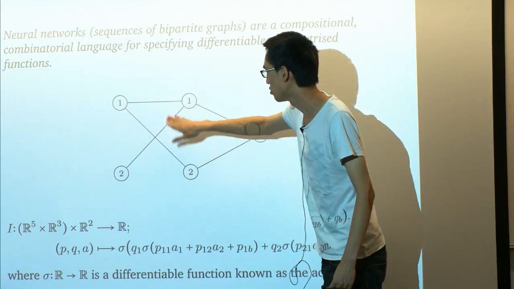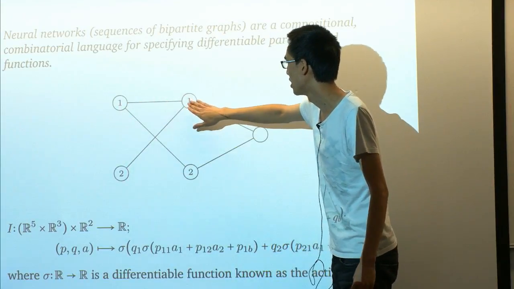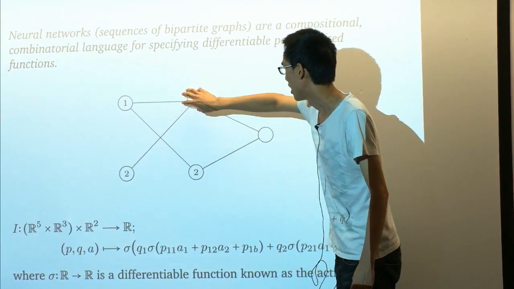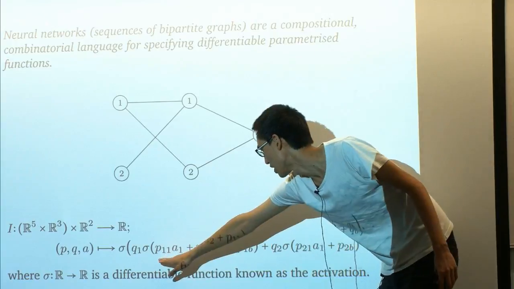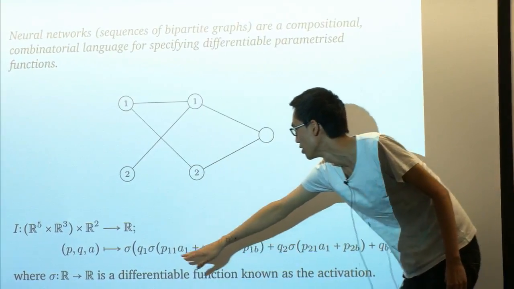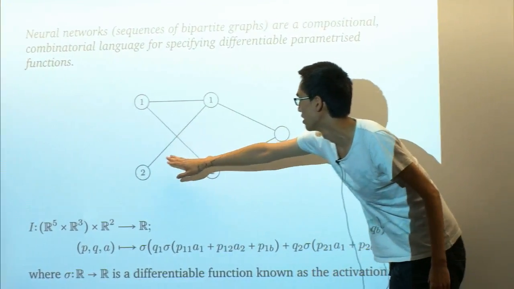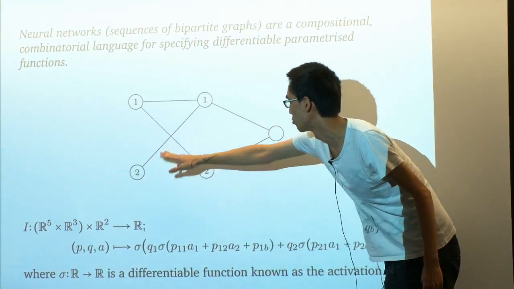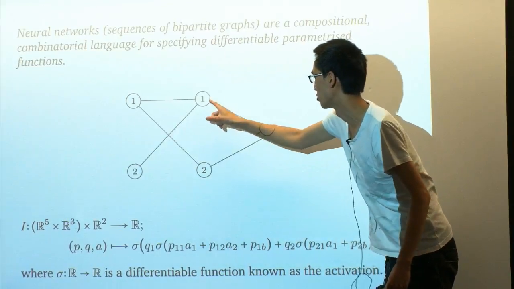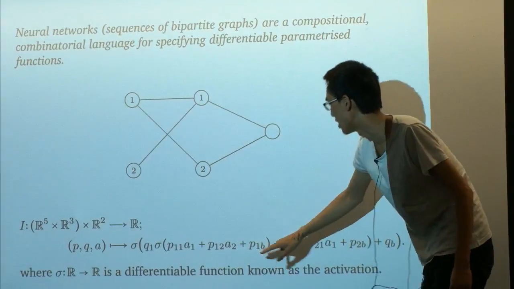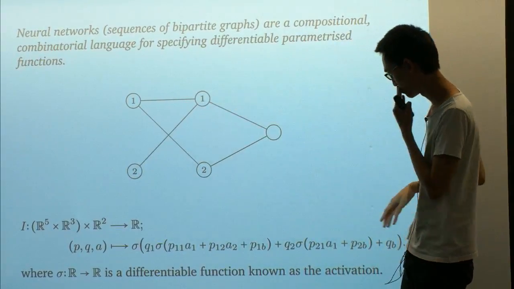We take a weighted sum according to these weights of these inputs, then add the bias associated to this node, and then we get some weighted sum here. This is precisely this thing here. So P11 is the value associated with this edge from 1 to 1. P12 is the weight associated with this edge from 2 to 1. So we take a weighted sum of A1 and A2, and then we add this bias. This is the bias of the first node.